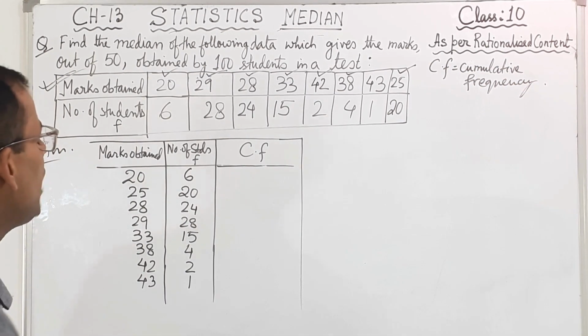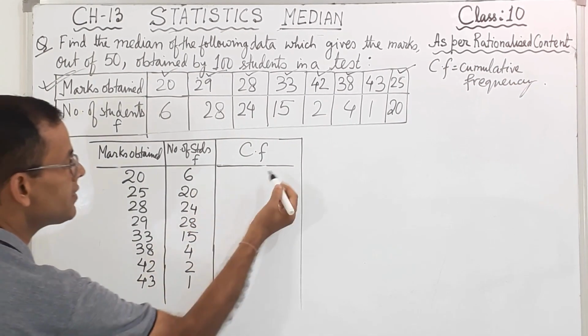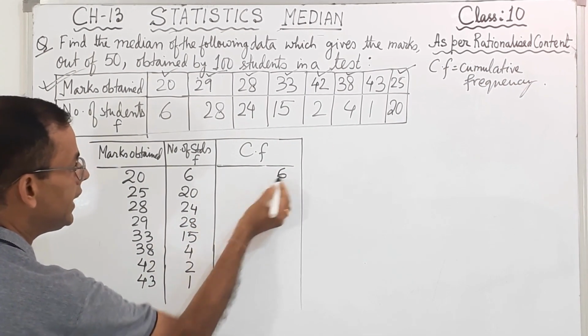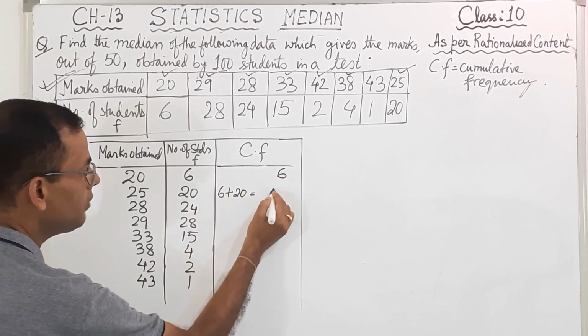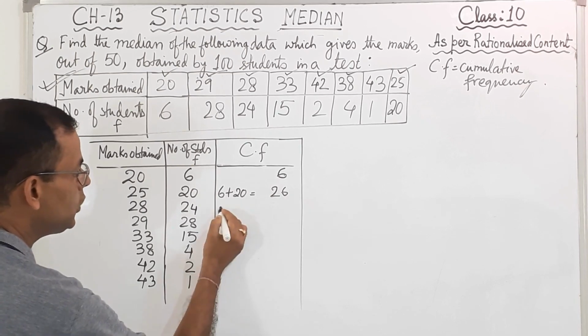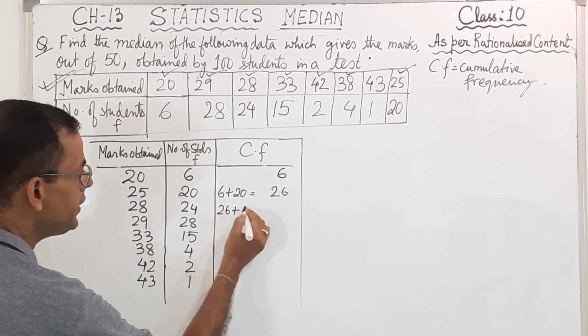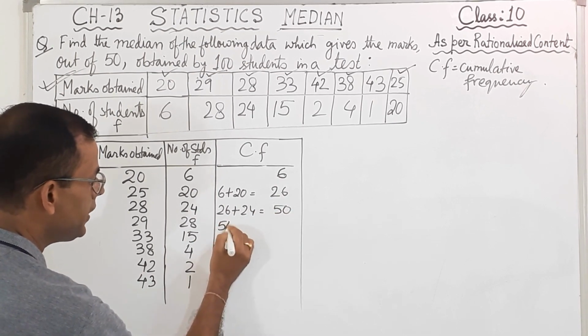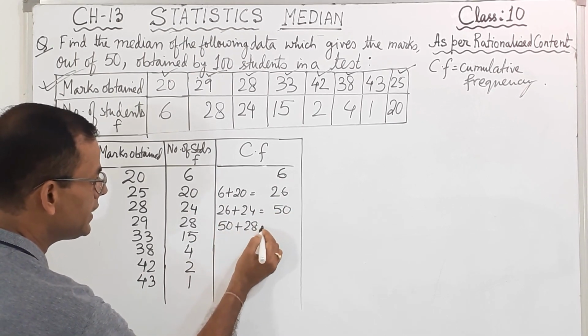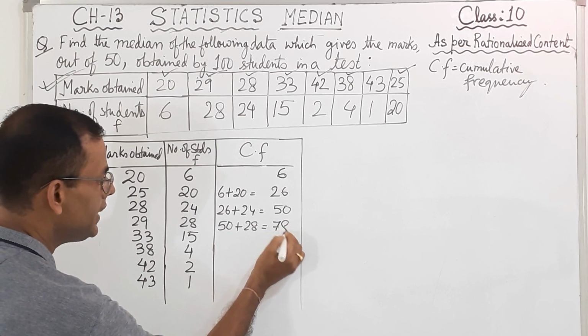Now, cumulative frequency, how to find out? First one is 6, you write 6, then 6 plus the next one, 20. So how much comes? 26. Then 26 plus 24, so how much comes? 50. Next 50 plus 28, so how much comes? 78.